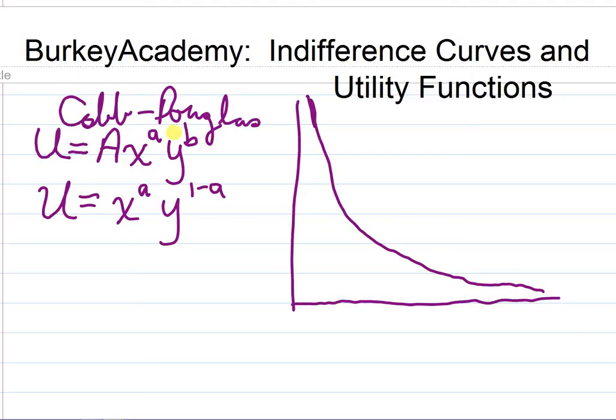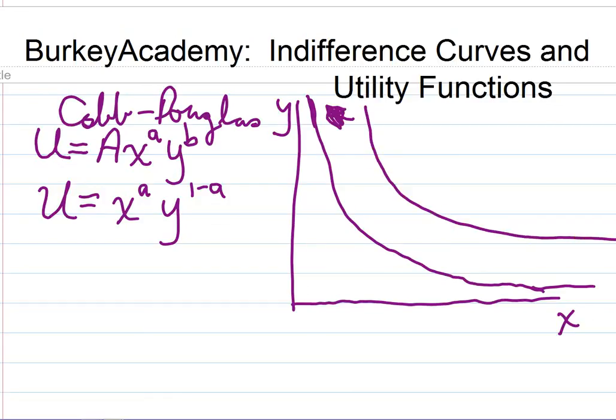But it's basically going to have this downward sloping property where the indifference curve approaches the y-axis and the x-axis, but it never touches. So it basically asymptotes out somewhere, or it could have a shape kind of like this. But the point I want to raise here is a Cobb-Douglas never touches the x or the y-axis.